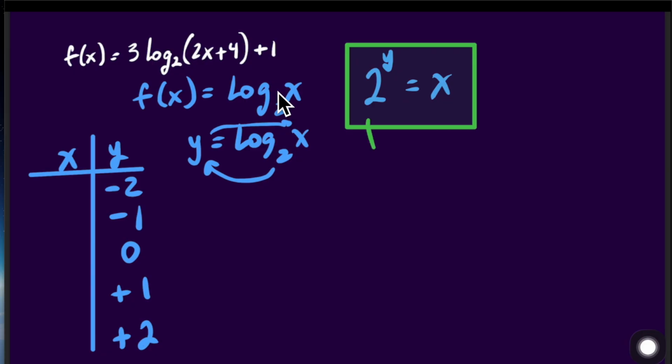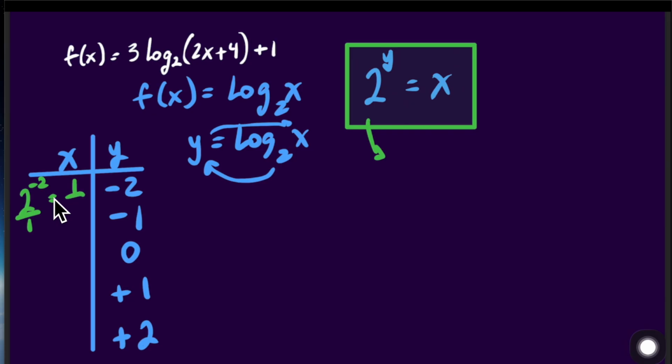So first, let's just do the first one. When y equals -2, we plug in -2 for y, and that gives us our x value. So we're going to have 2 to the -2 is the same as 1 over 2 squared, right? We flip the fraction, then we change the sign of the exponent.